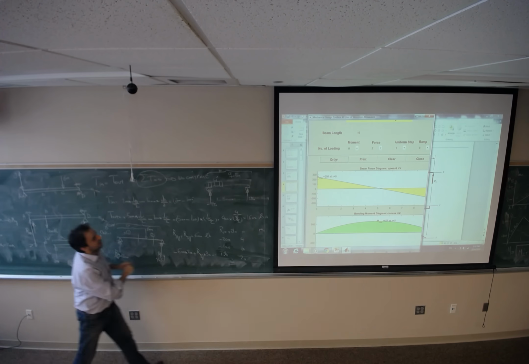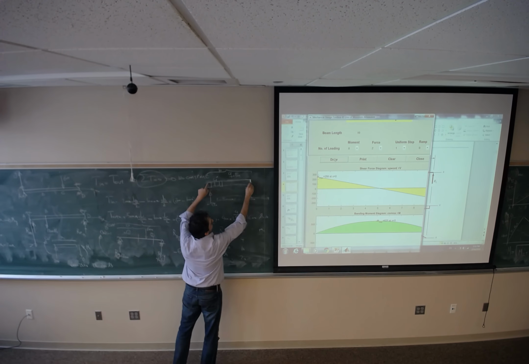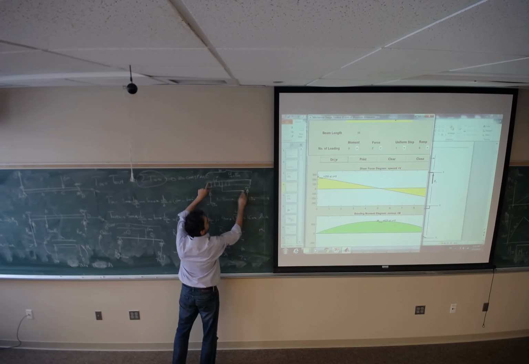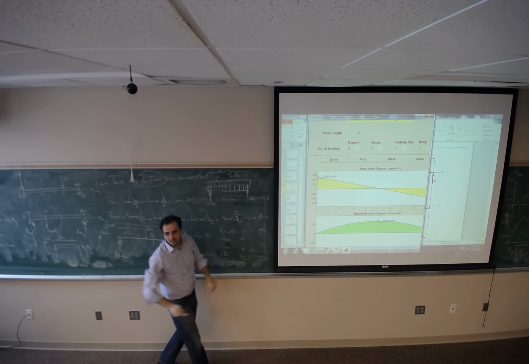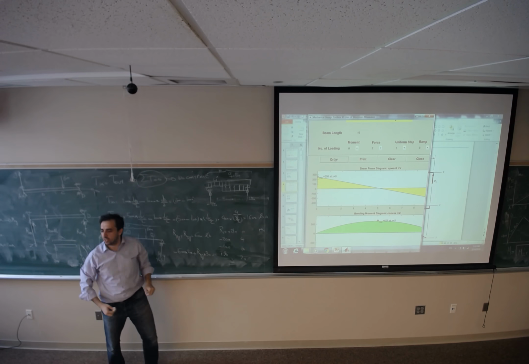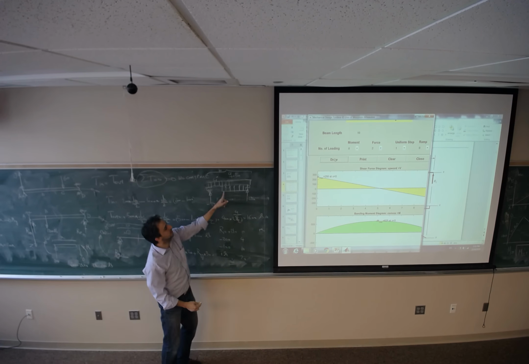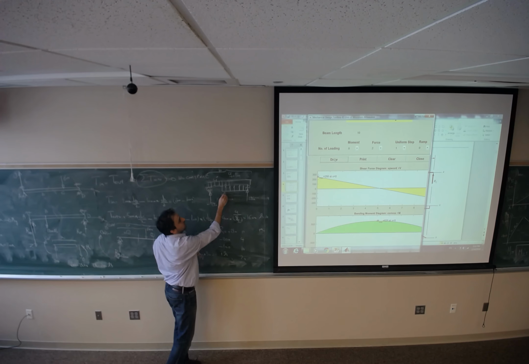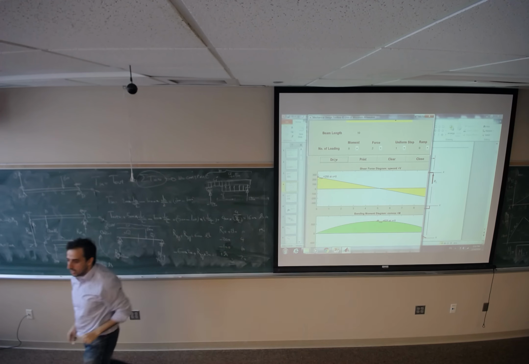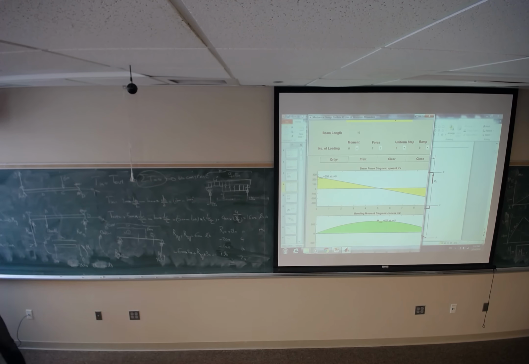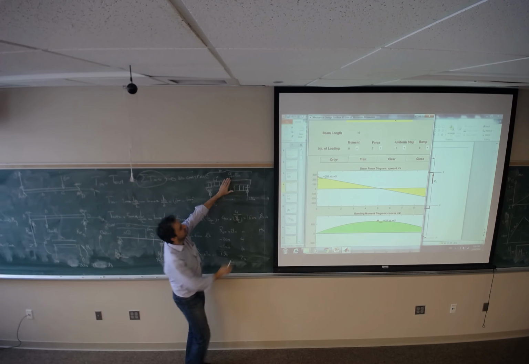We enter one entire like this and another one opposite like this. So you enter two distributed loads. One is starting from 0, the other one is starting at 4 with the negative sign. It's going to cancel out this part and you will get only this.